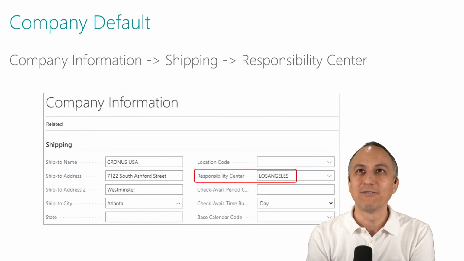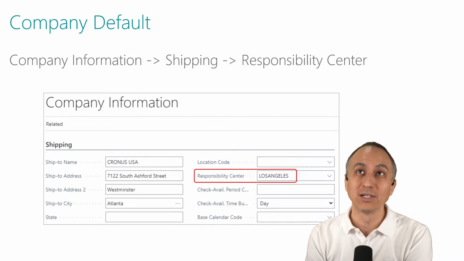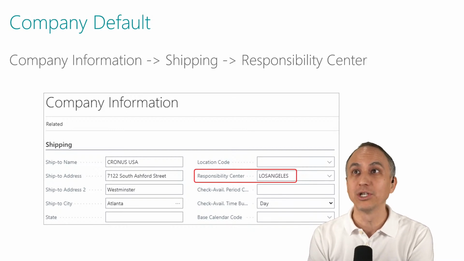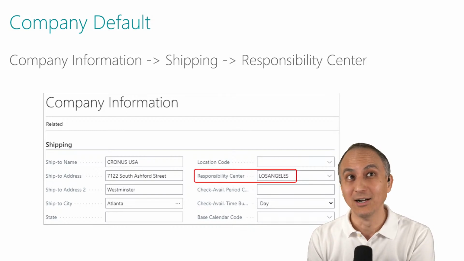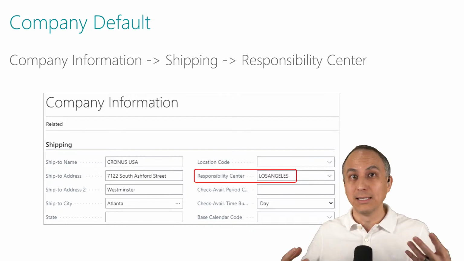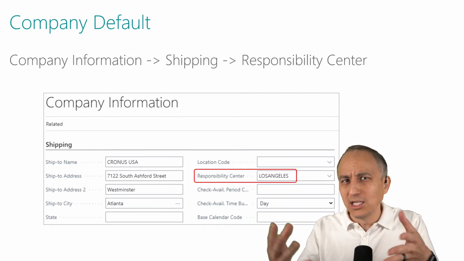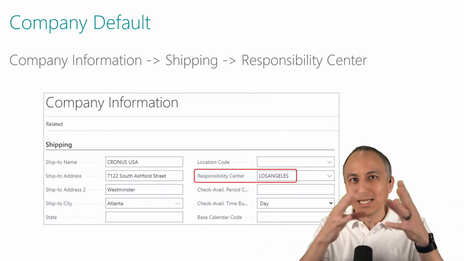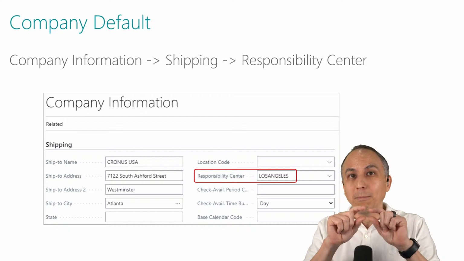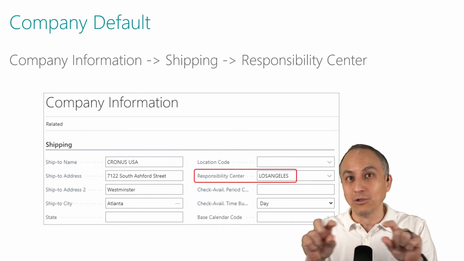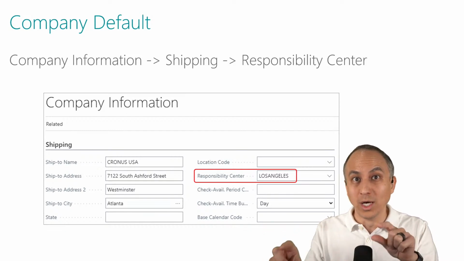So to default at the company level, you go to company information, under the Shipping fast tab, Responsibility Center. Now, a Responsibility Center kind of looks like a site or a location for a company, and it has address and contact information, but it also happens to have your global dimensions or shortcut dimension 1 and 2 in there.